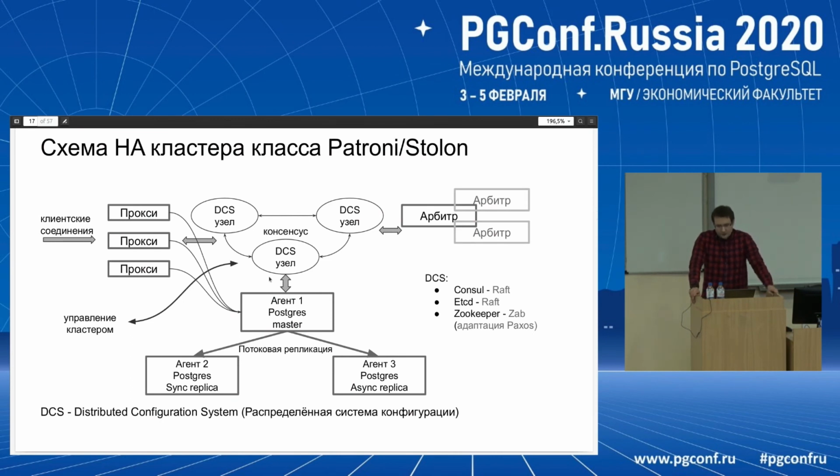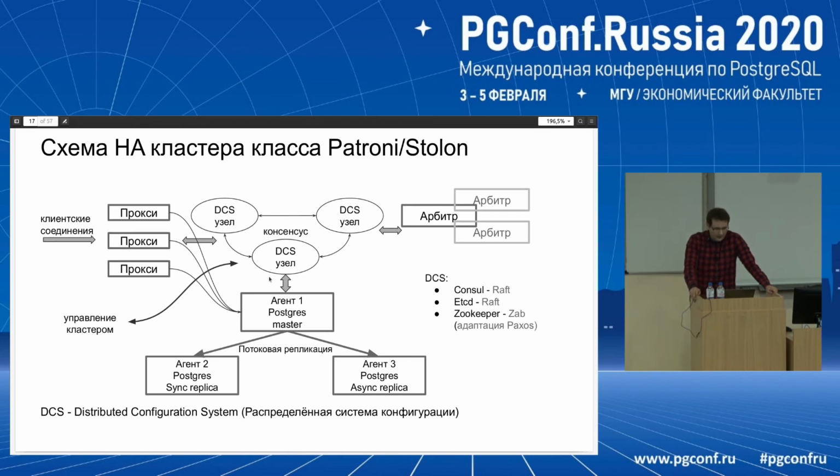And there are ready-made solutions that implement the consensus protocol. It's called DCS, Distributed Configuration System, which represents a universal API to some sidecars that allow you to build solutions around it. It could be Consul, etcd, Zookeeper. These are DCS that implement the Raft protocol, or Zookeeper.